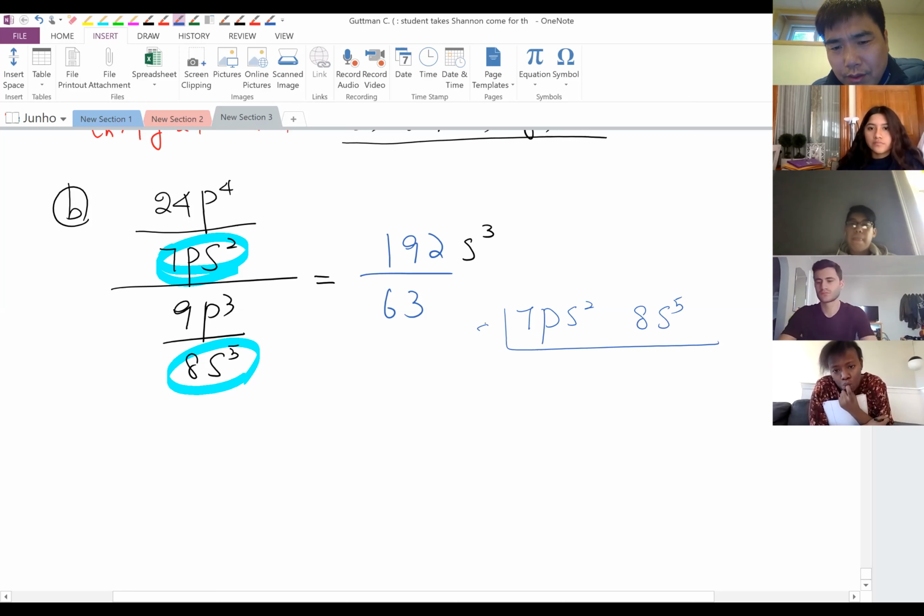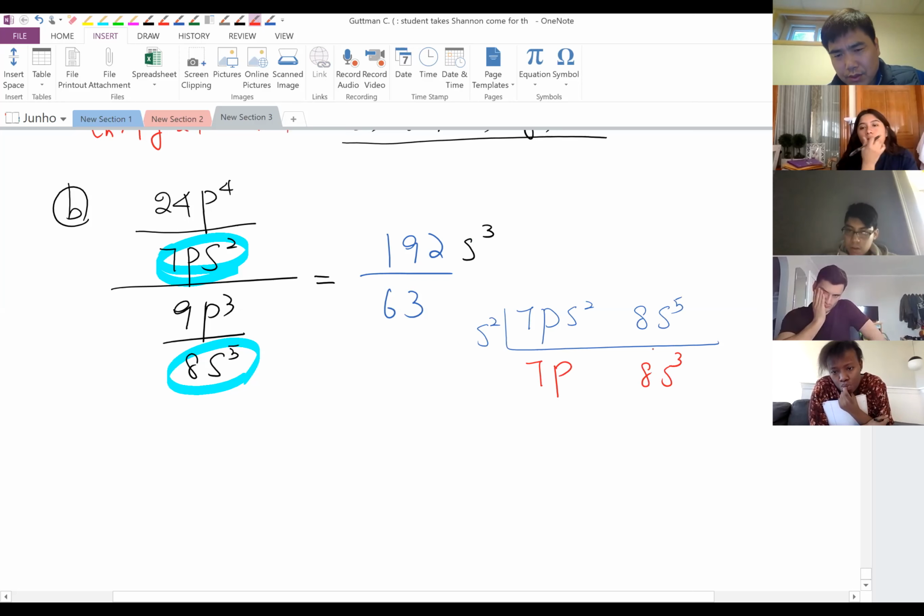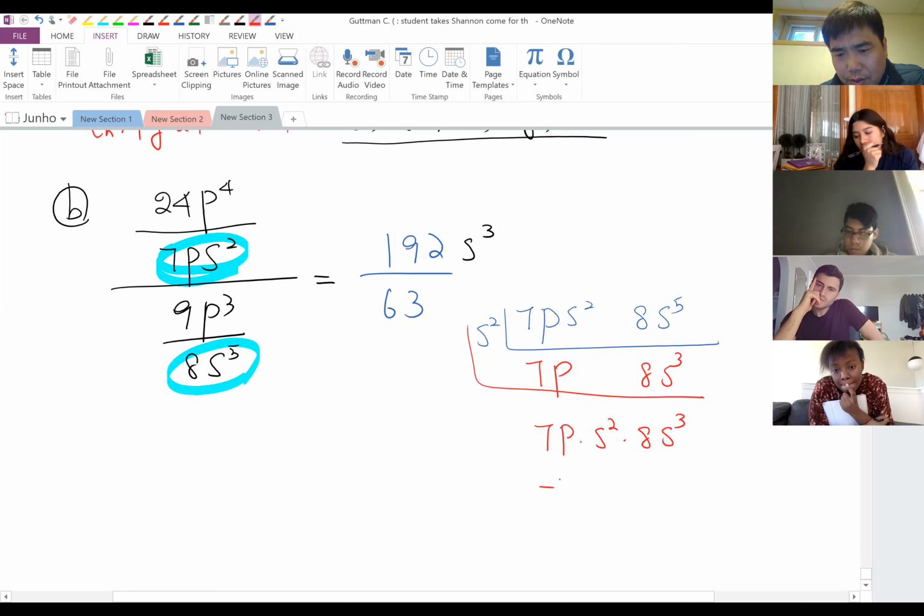Okay, then this becomes 7p and 8s cubed. Anything else? No, so we multiply this: 7p times s squared times 8 s cubed, so 56 p s fifth, right?